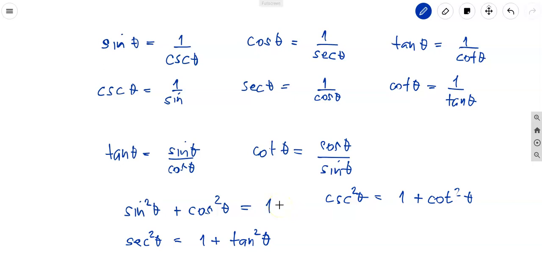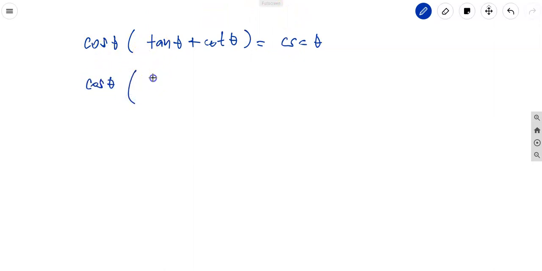So let's try some examples. Let's say we have cosine theta times tangent theta plus cotangent theta is equal to cosecant theta.